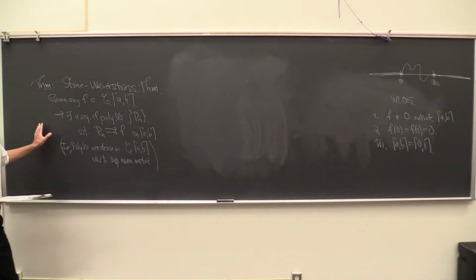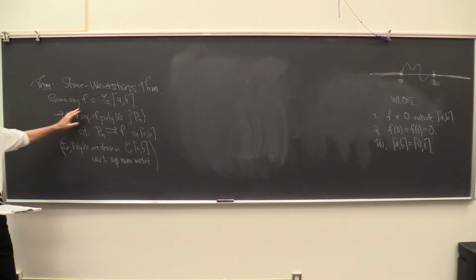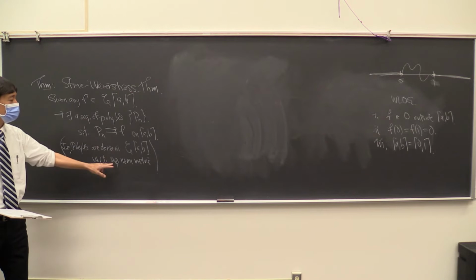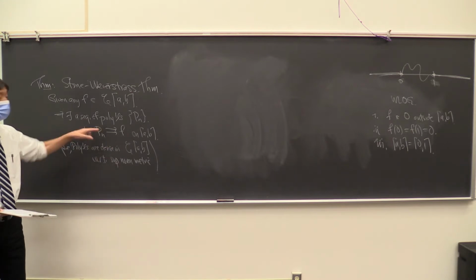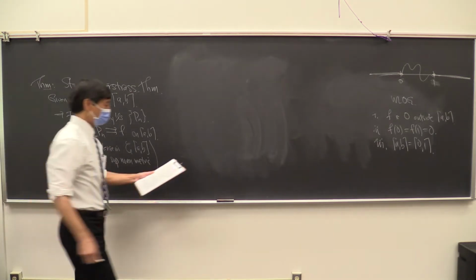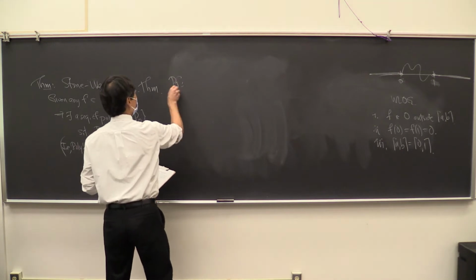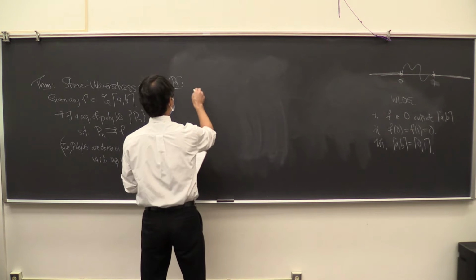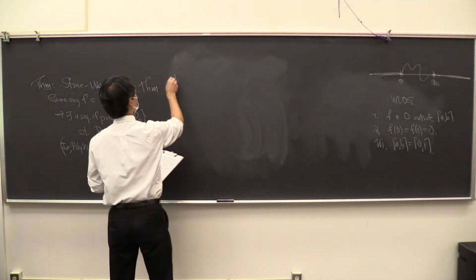Okay. So the Stone-Weierstrass theorem shows that continuous functions can be approximated with respect to the sup norm metric by polynomials. So here's the proof. This is pretty cool. Let me put down the idea first.